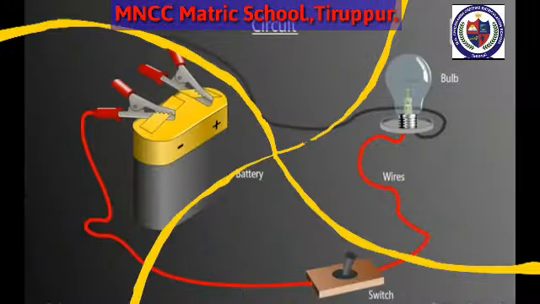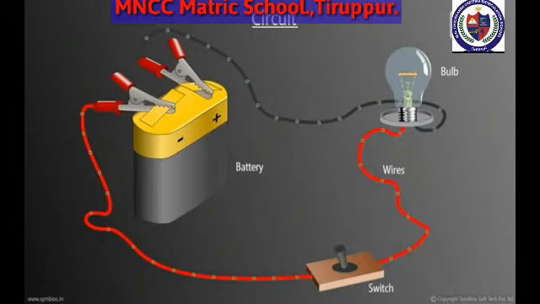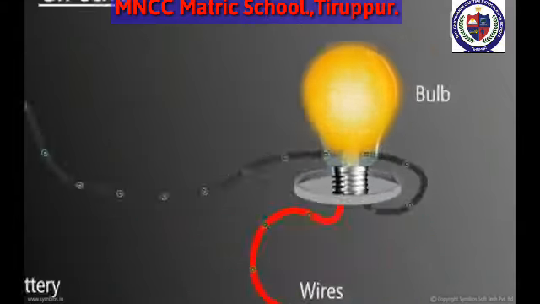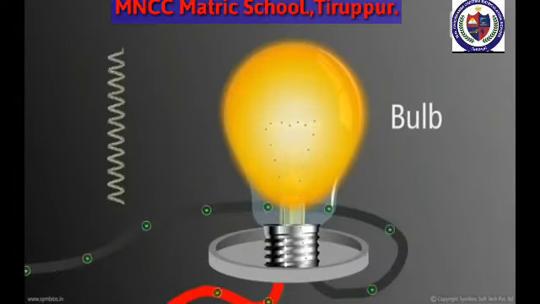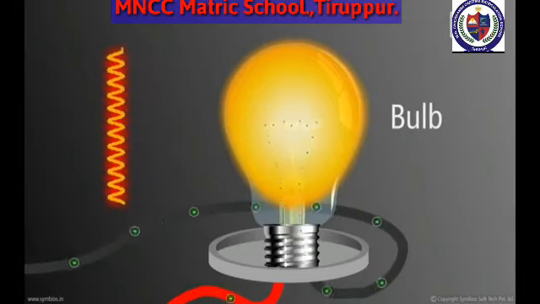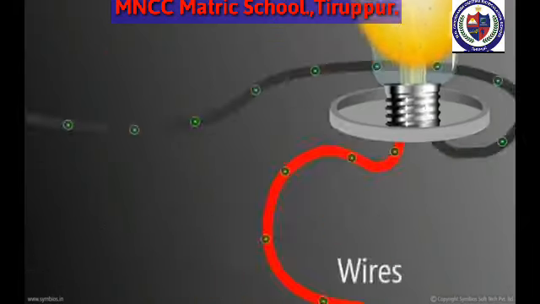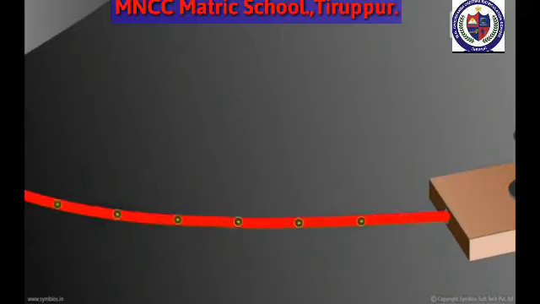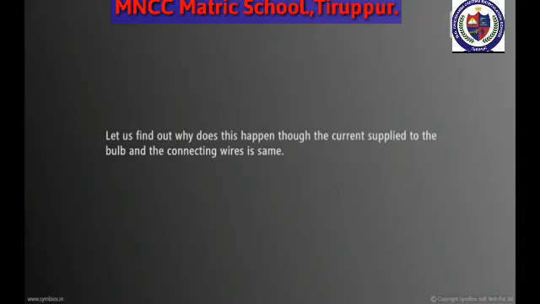When the current is passed through the metallic wires to reach the bulb, the filament of the bulb gets highly heated and emits light, but the wires get a little warm and we do not see any light from the wires. Let us find out why this happens, though the current supplied to the bulb and the connecting wires is the same.